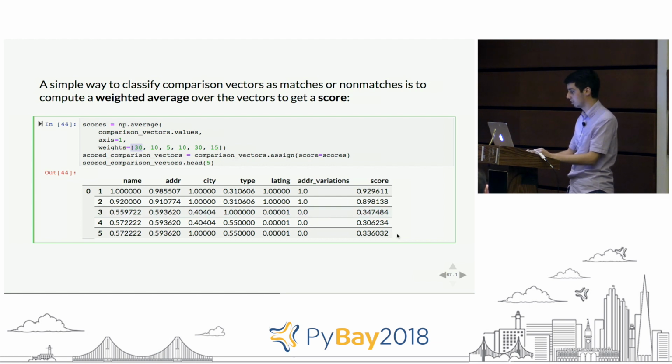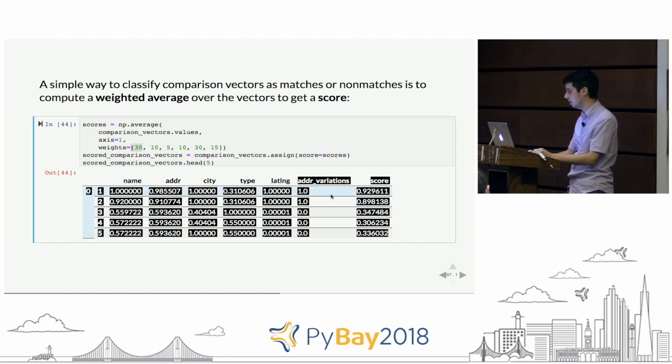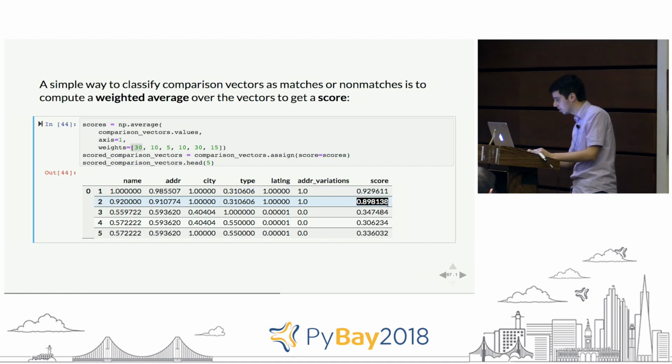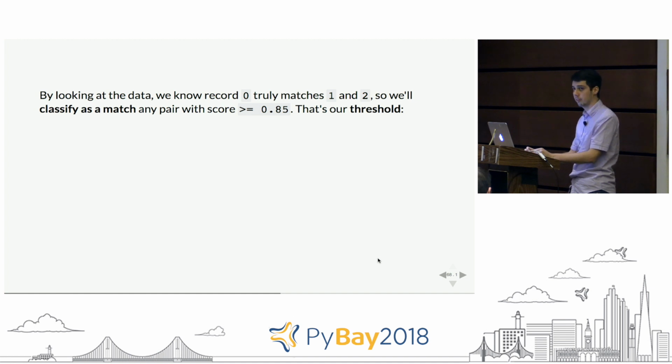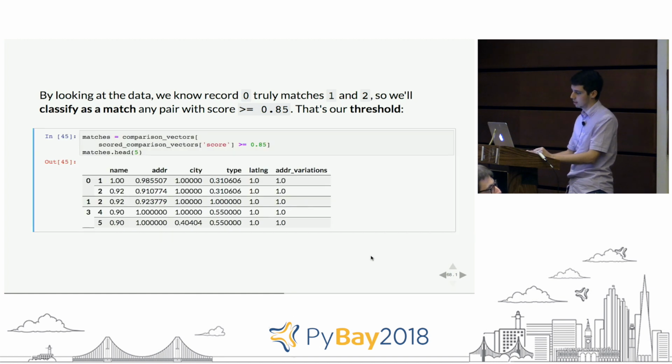And I get those scores here. As you can see, high scores are matches, and lower scores are no matches. So it's good. It seems to be working. So we will just consider anything that's above 8.5 as a match. That's our threshold. And if we do that, we get this.